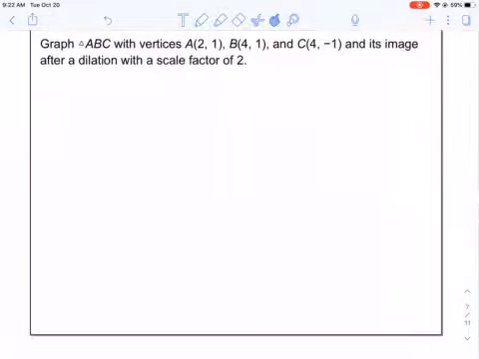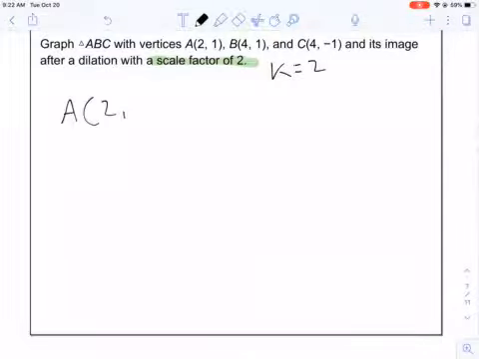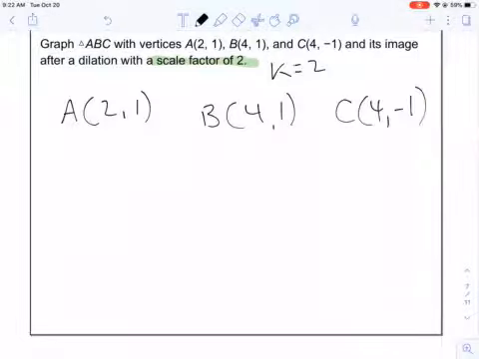Now remember, k is the scale factor. So we're saying k is 2 here. So I've got A, which is (2, 1), B (4, 1), C (4, -1). And the rule says multiply all of your points by k. So I'm going to multiply everything by 2.